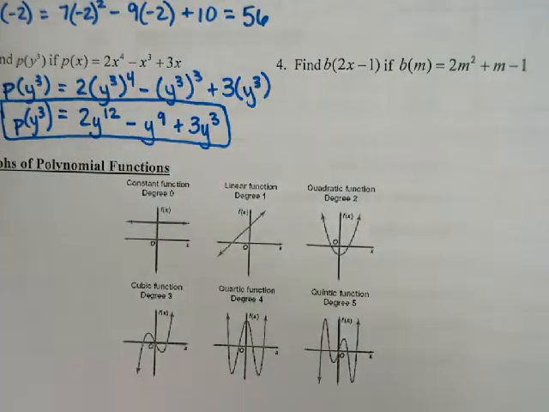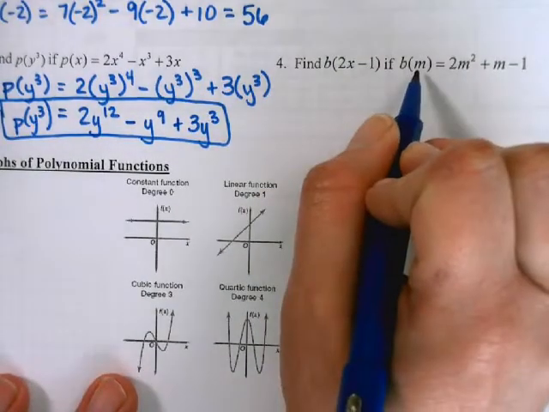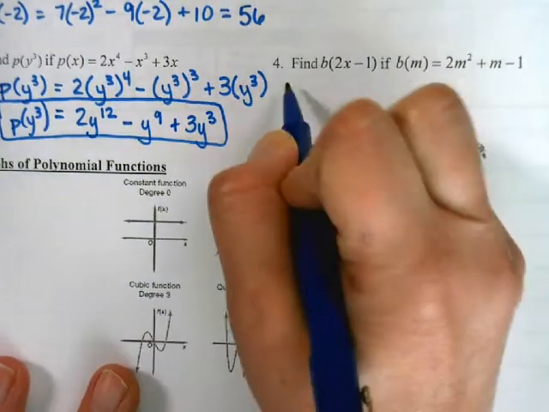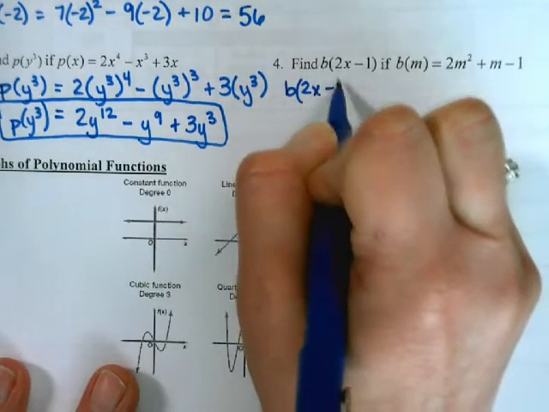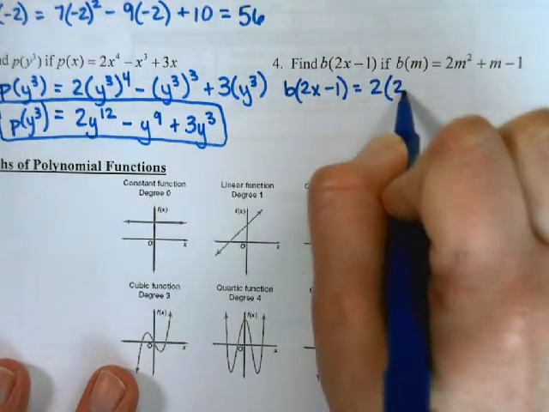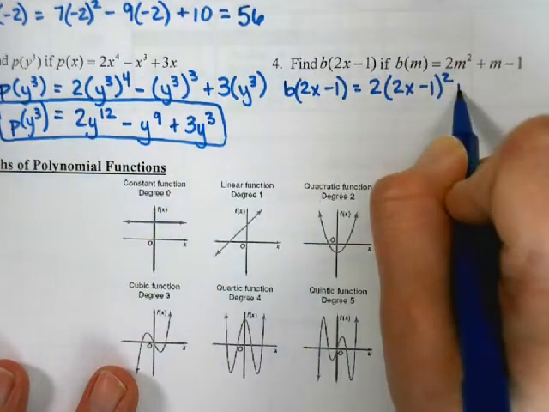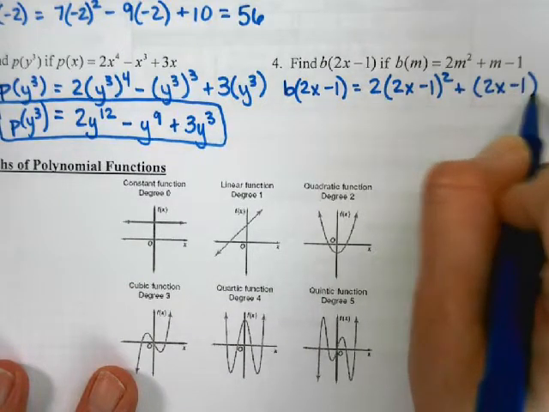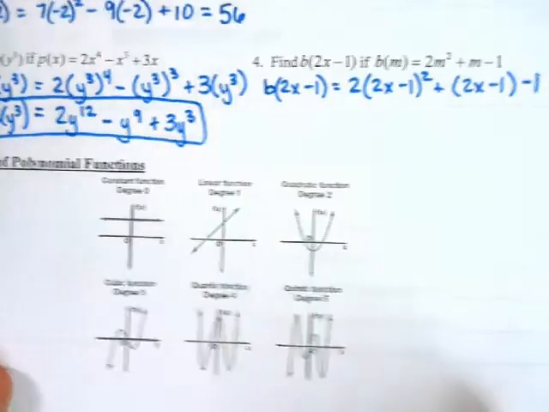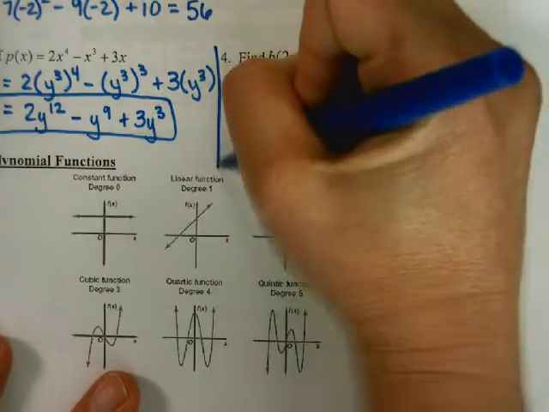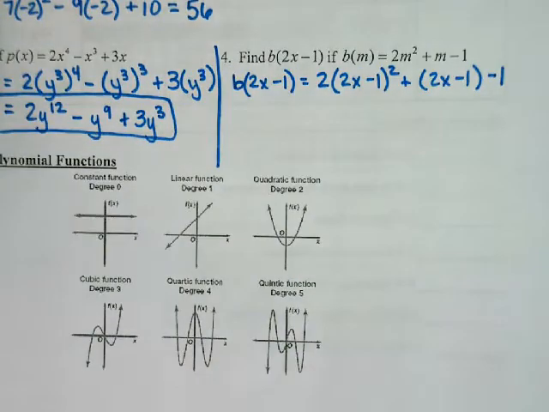Okay, let's try 4. Everywhere I have an m, I'm going to replace it with 2x minus 1. So I have 2 times (2x minus 1), the whole thing squared, plus 2x minus 1, minus another 1.